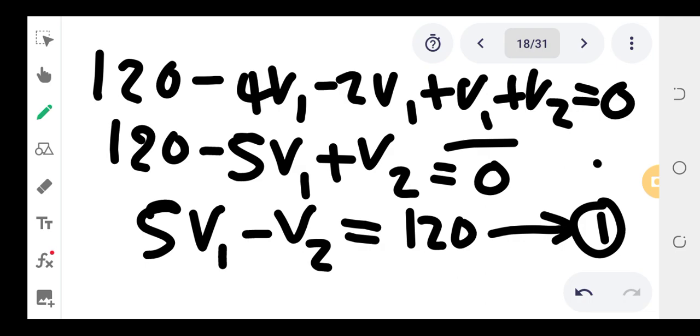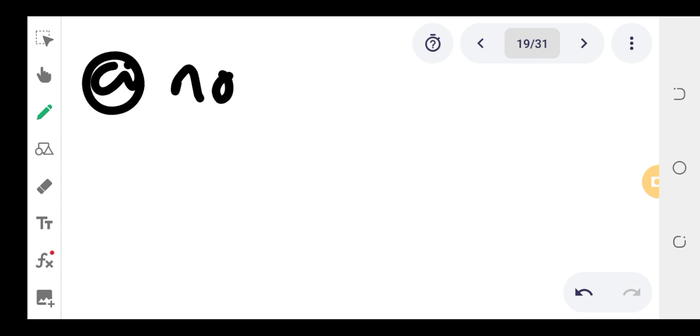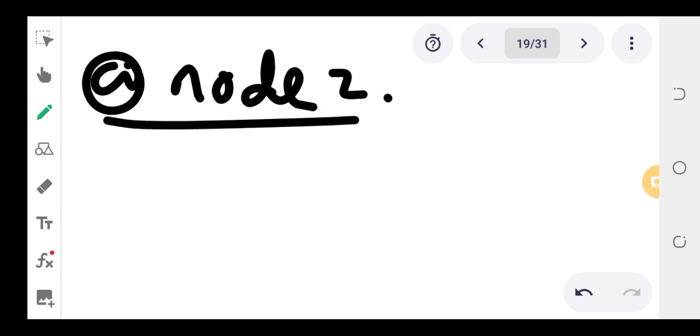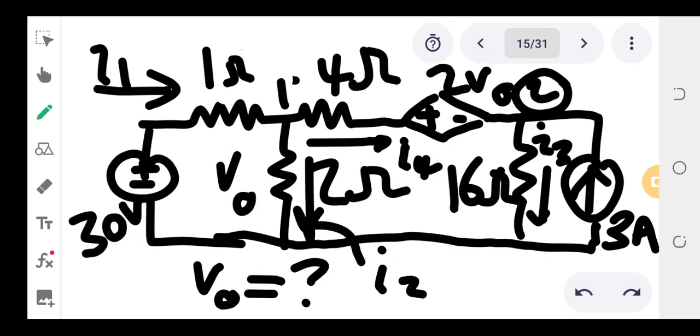So having that as my equation 1, I can now move to node 2. So what am I having at node 2? Sure, let me go back a bit. This is the node that I'm talking about.